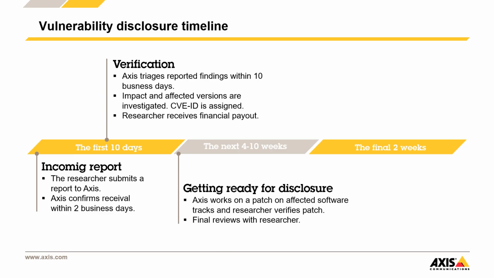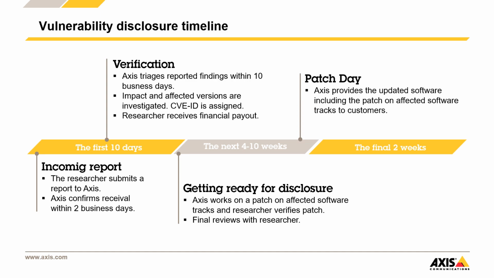We then start working on a patch, having a very tight collaboration with the reporter to ensure we are patching the vulnerability according to expectations. Important here is to understand that we only move on when we have an agreement with the security researcher on all details such as severity and disclosure date. We then finally have the patch day.